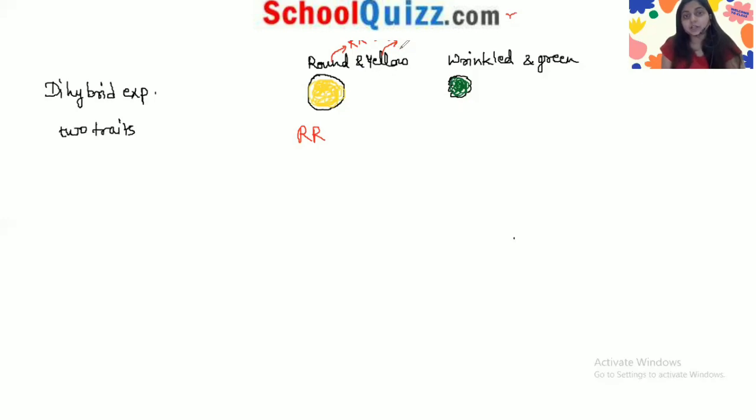Now for the yellow we also have a gene. For the yellow seed, there will be capital Y, double capital Y. We are taking the purebred. Again genes work in pairs, so for the yellow we have double capital Y. The same goes for the wrinkled and green seed.